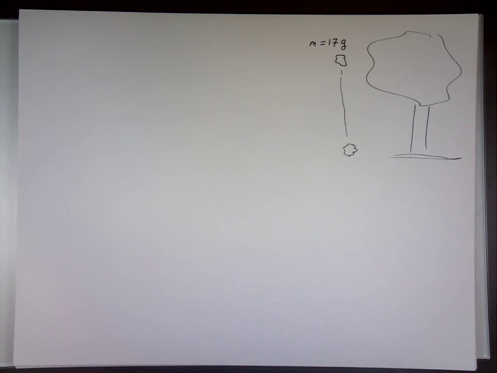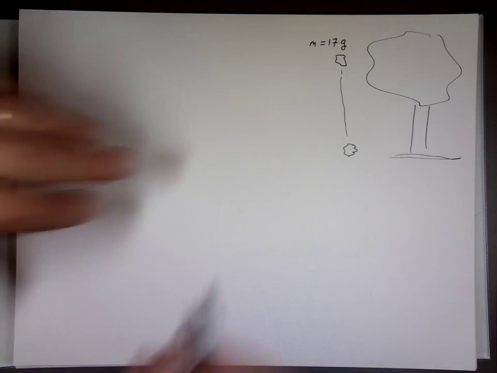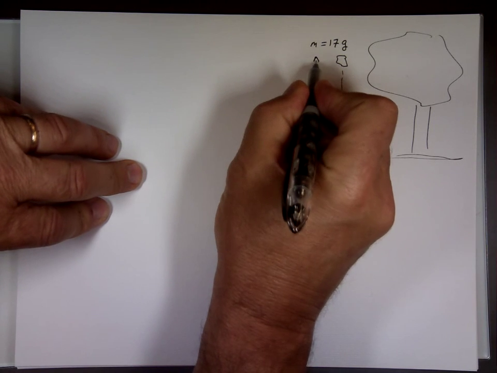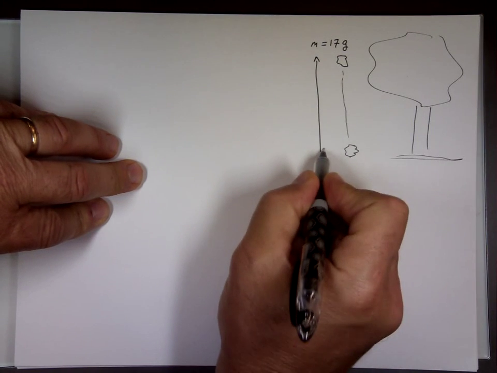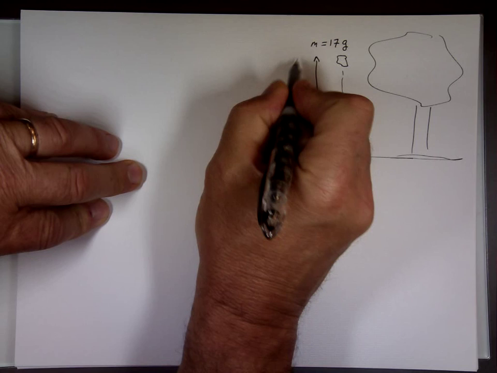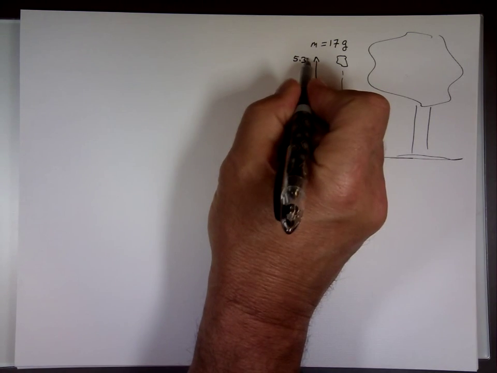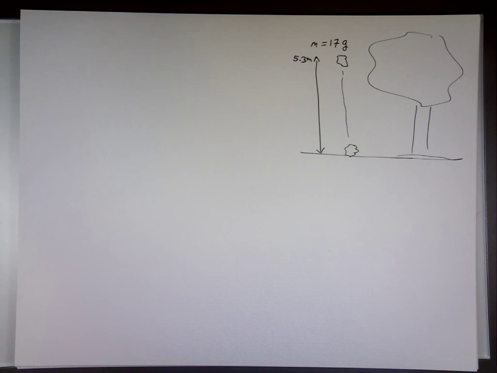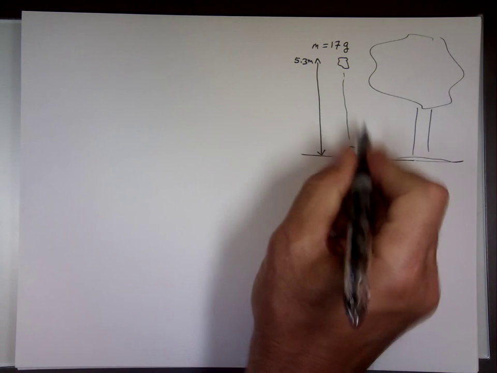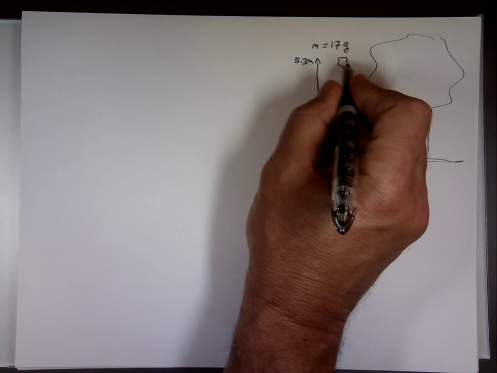So what do we know? If the initial height is 5.3 meters, we know this was initially, it's going to the ground, so this is ground here, 5.3 meters. And its speed on landing, when it hits the ground right here, the velocity, notice we assume this one has initial velocity of what? It was attached to the tree.